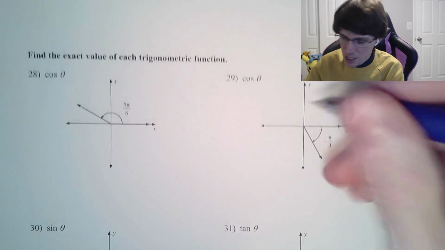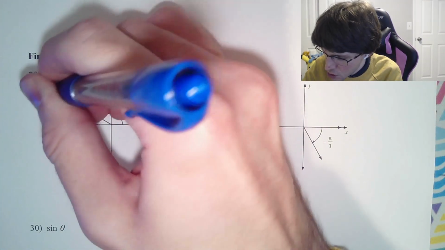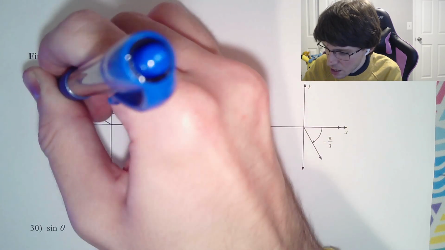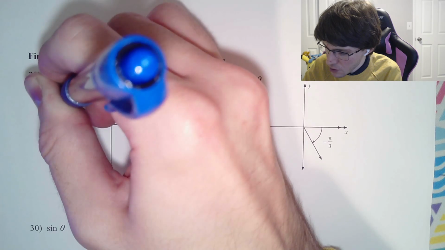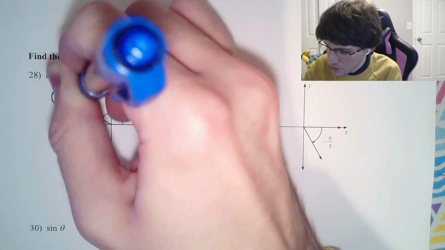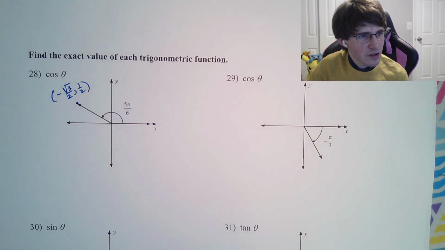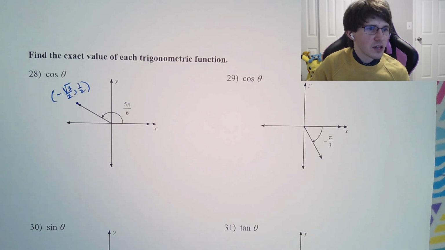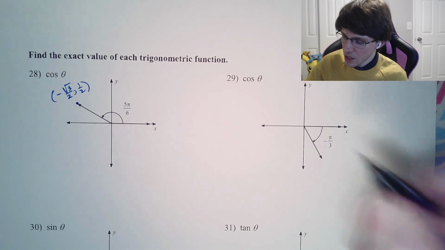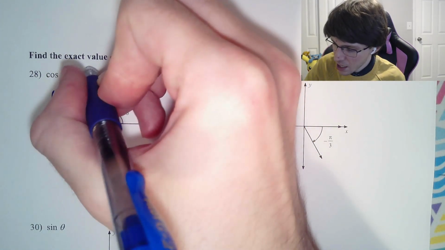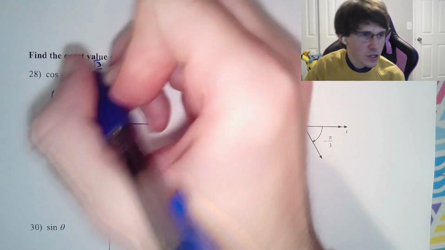But the point is, on the unit circle itself, this coordinate is going to be negative radical 3 over 2 comma 1/2. And because the unit circle has a value of 1 for the radius, it's simply the x value, which is negative radical 3 over 2.